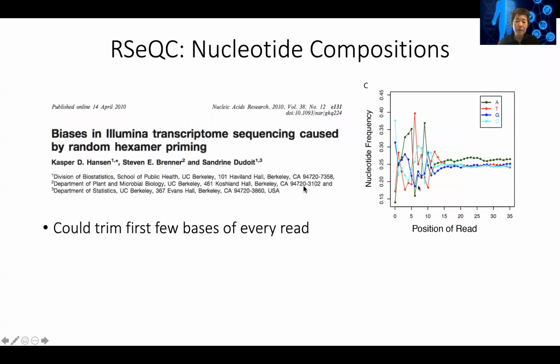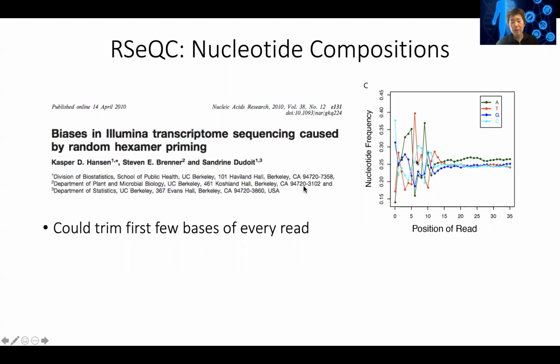There are some situations occasionally when the first few bases might have bad quality, and so you could just write a script to remove the first bases before you map them to the genome.